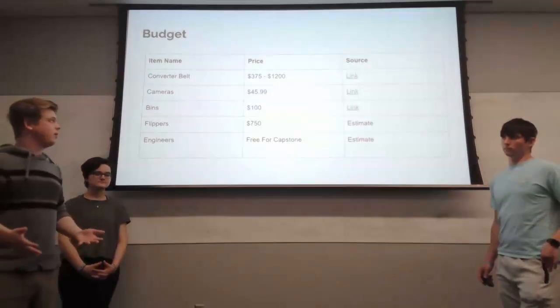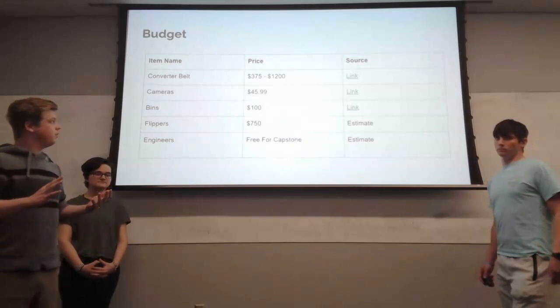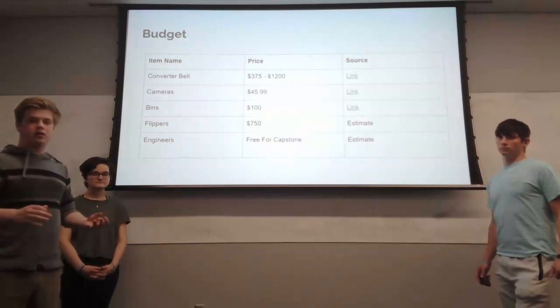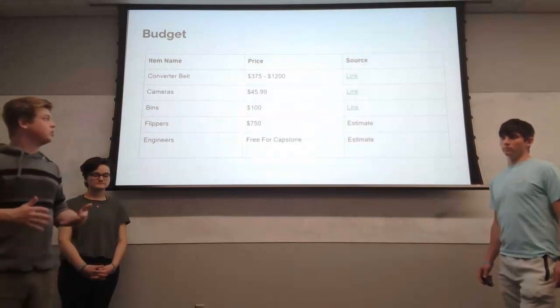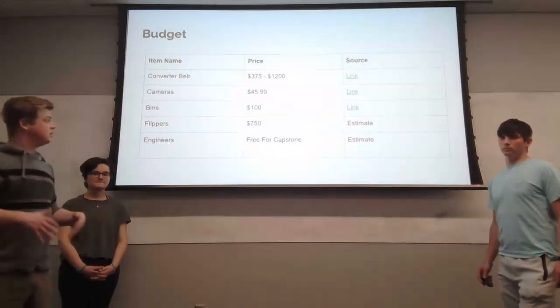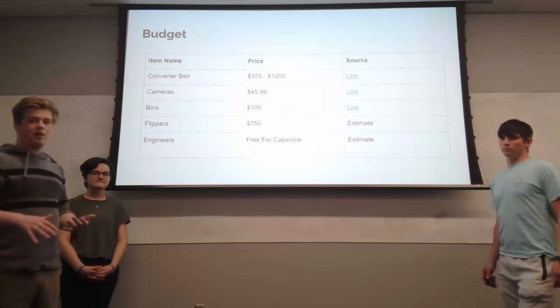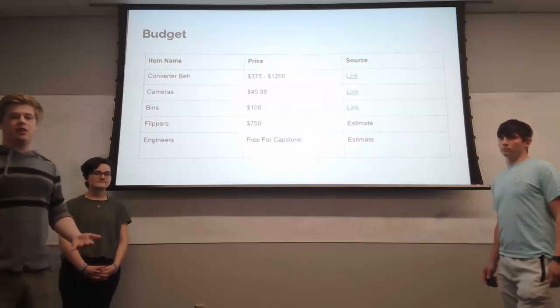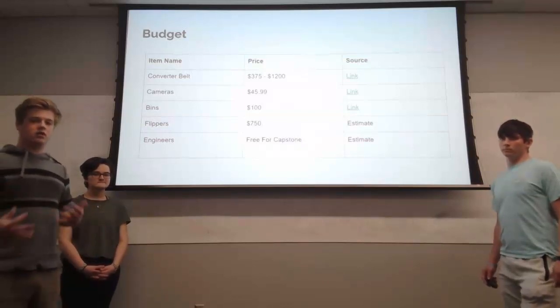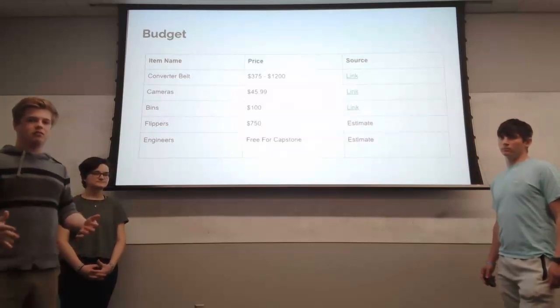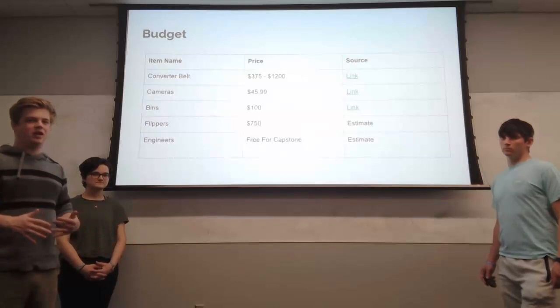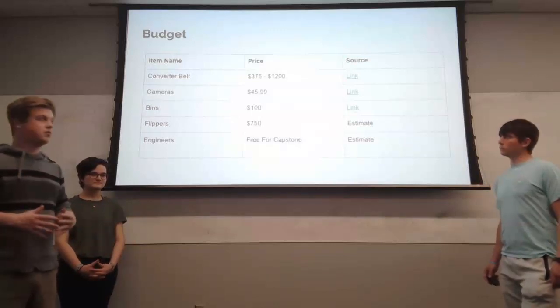Cameras were $45.99 for 2 webcams. If we wanted nicer cameras, then that price would obviously go up. Bins, $100, and the flipping mechanism we estimate to be $750 due to engineering costs and other prices, but none of us are mechanical engineers, so we did not know what the actual price of that mechanism would be.